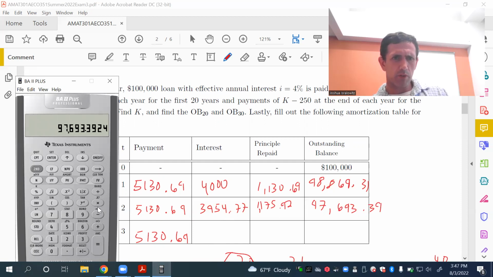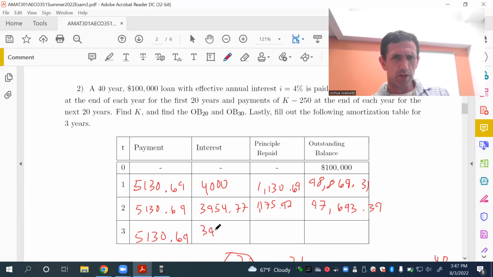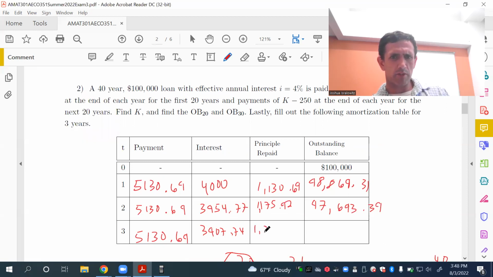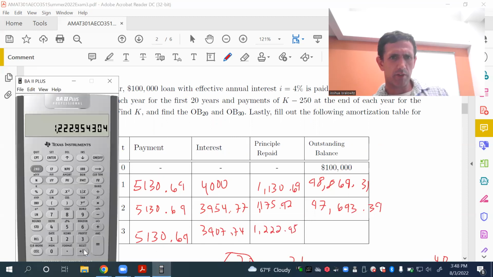Anyway, so yeah, one more. 4% of this outstanding balance is 3,907.74. Okay, minus plus your payment. So principal repaid is 1,222.95, added to prior outstanding balance.